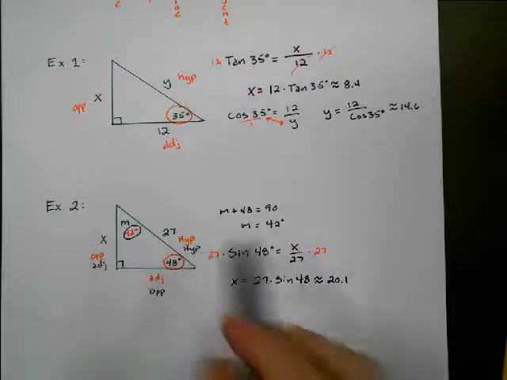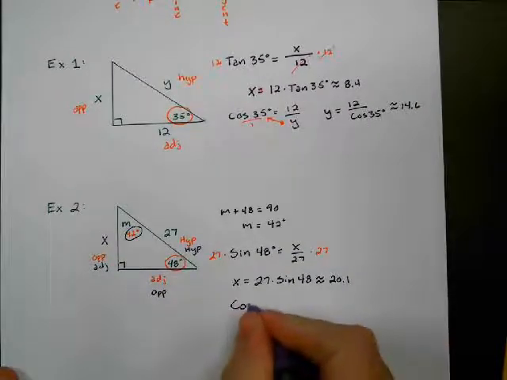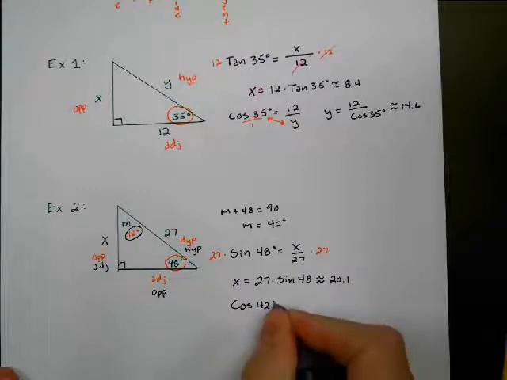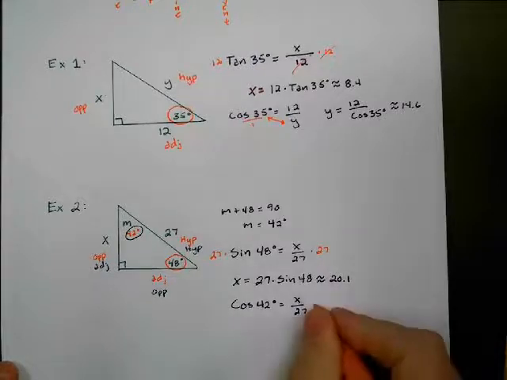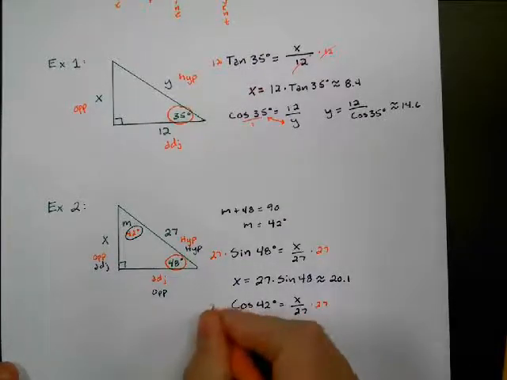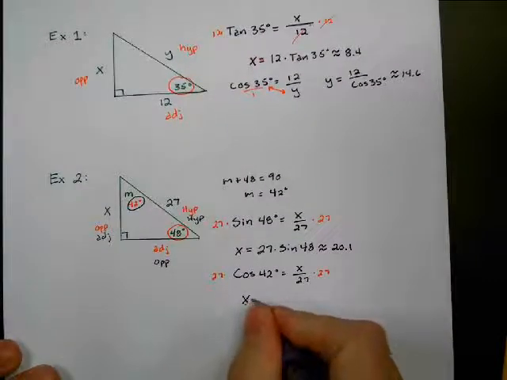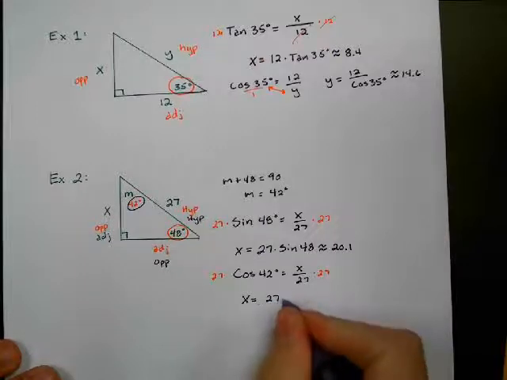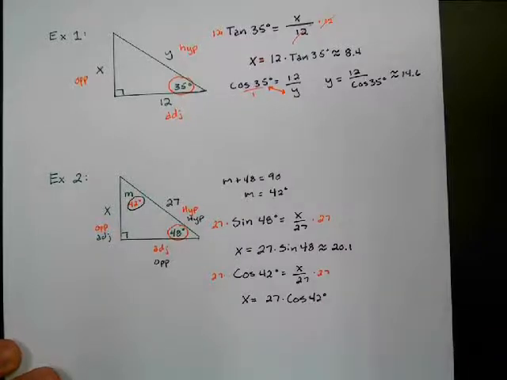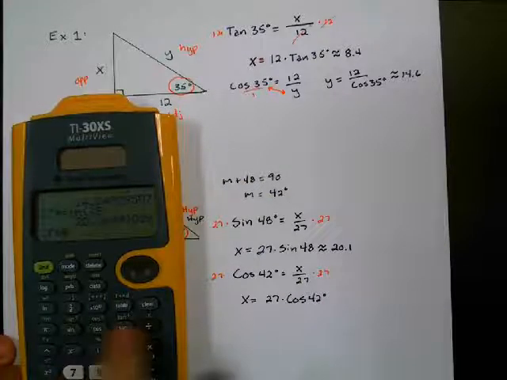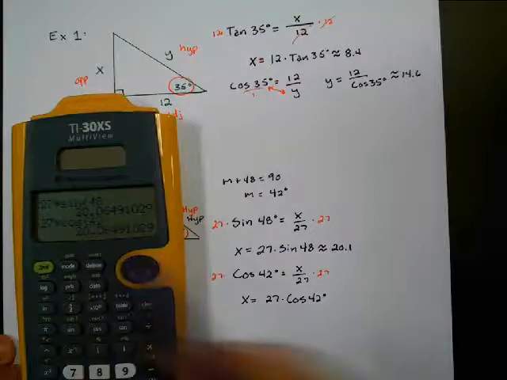So I could have solved the same problem by saying the cosine of 42 degrees is equal to x over 27, and then multiplied both sides by 27. And then I would have gotten that x is equal to 27 times the cosine of 42. And then I plug it into my lovely calculator, 27 times cosine of 42, and I still get the same answer, 20.1, which we should get because it's the same side.